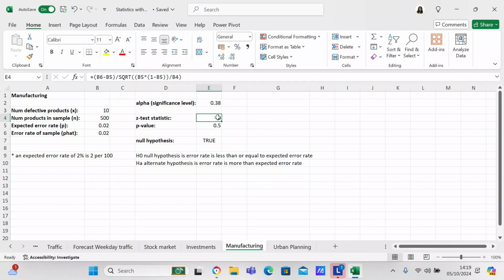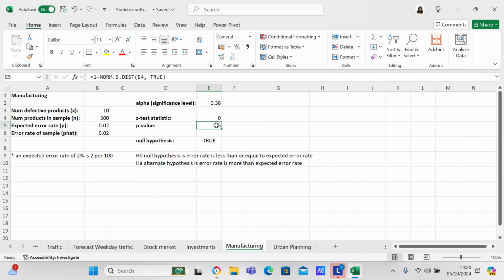So that's the formula that you come up with to get your Z statistic. And whenever you have 10 defective products, you're going to have a Z statistic of 0.